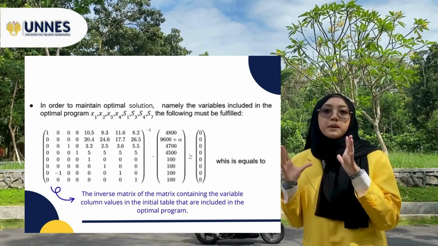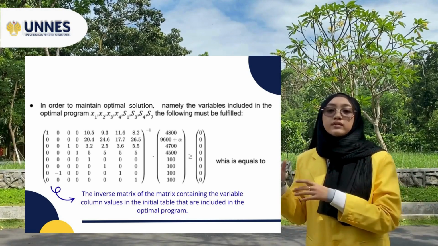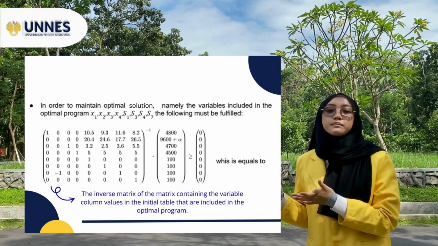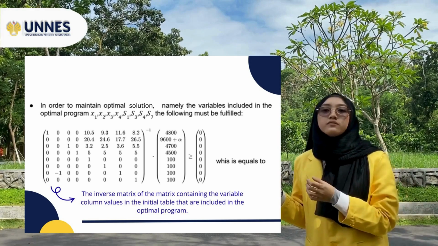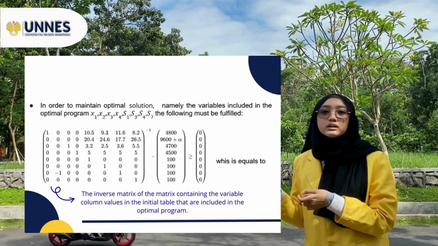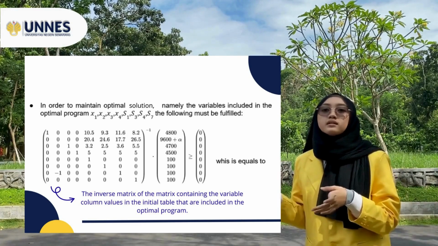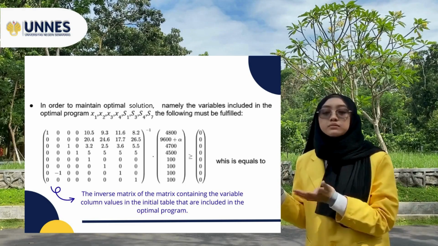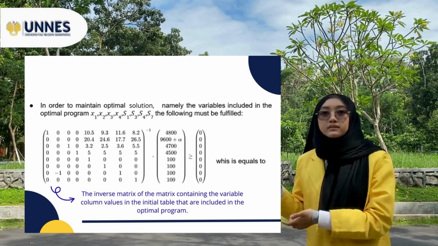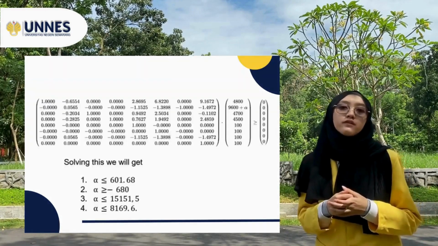To maintain the optimal solution, we must fulfill this inequality: the inverse matrix of the column values of the variables in the optimum table from the initial table, multiplied by the resource capacity matrix, must be greater than or equal to 0.